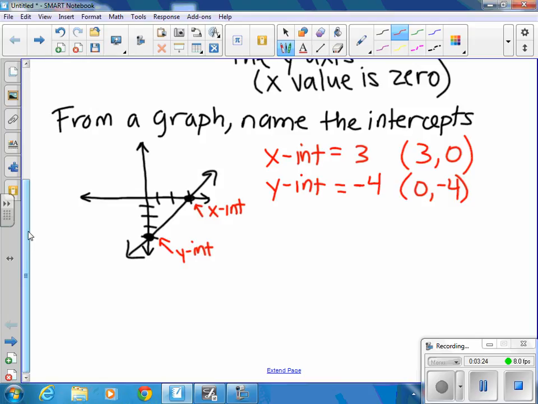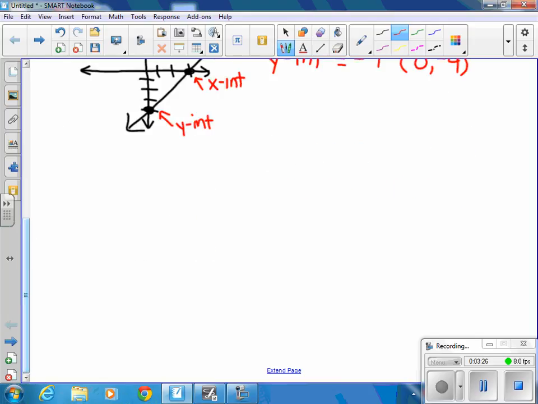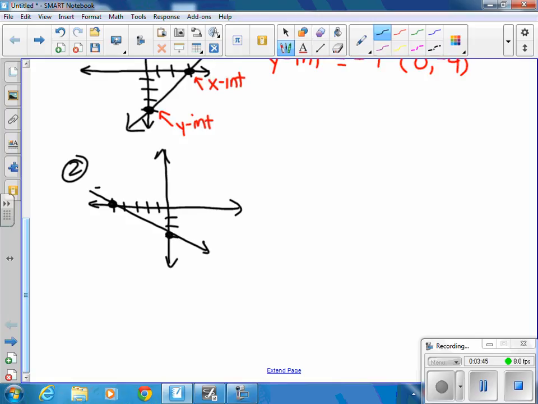Okay, so I'm going to give you another picture. We're going to do the same thing, just to give you some practice. I will draw the picture first, and then you will be responsible for naming the X and Y intercept. All right, so in this one, I'm not going to point to it on the picture.